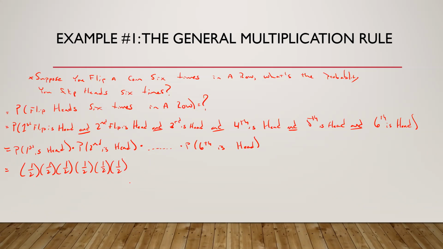So it's literally 1/2 times itself 6 times, or 1/2 to the 6th power. 1 times 1 times 1 times 1 times 1 times 1 is 1. 2 times 2 is 4, 8, 16, 32, 64. So if you flip a coin 6 times and get heads 6 times in a row, you'd only do it 1 in every 64 times. So it's a small probability, low, but non-zero.